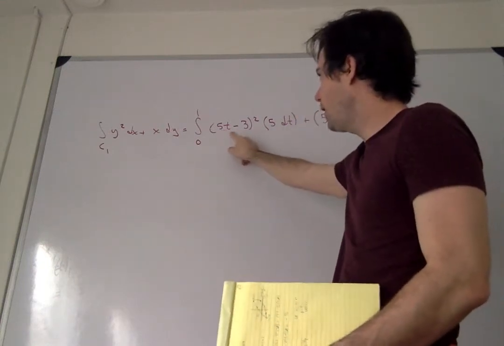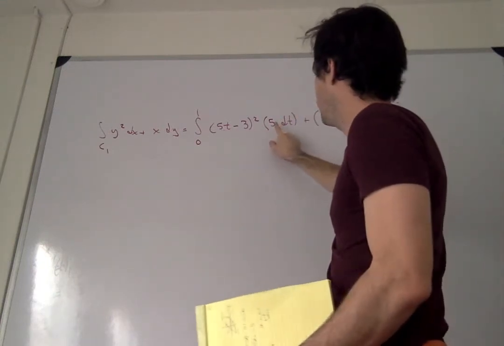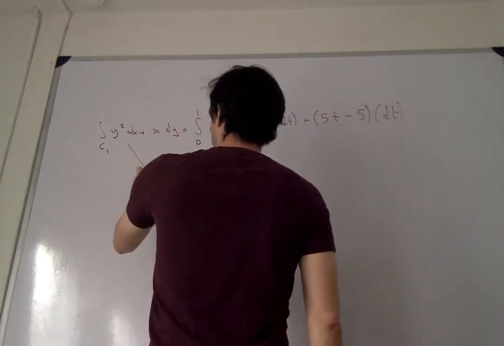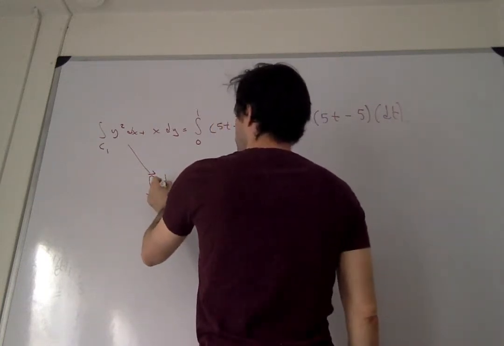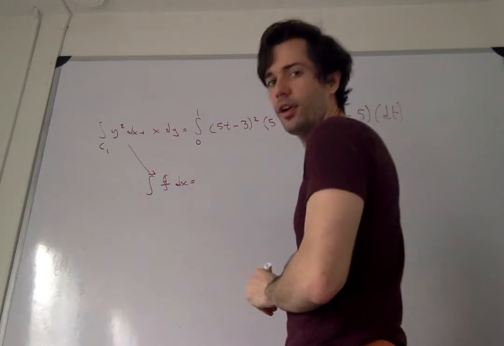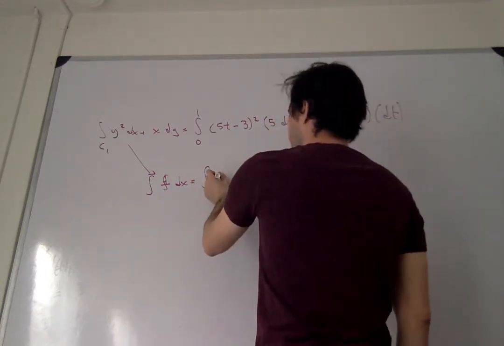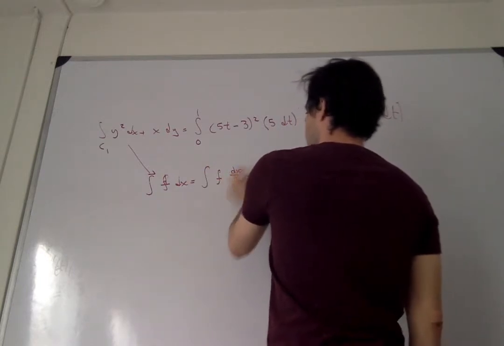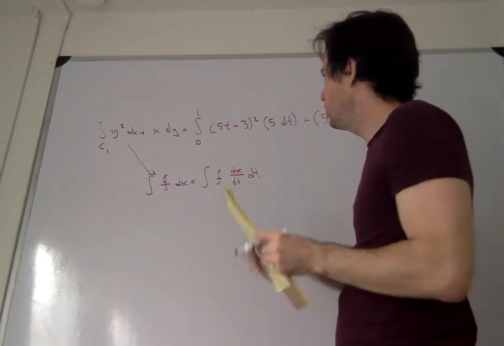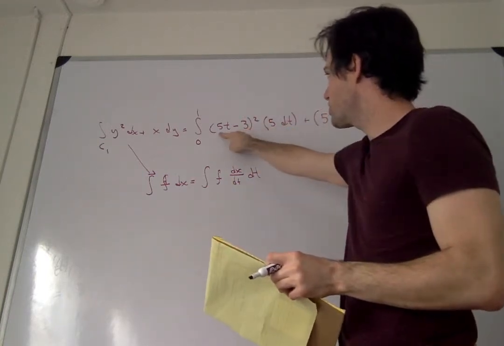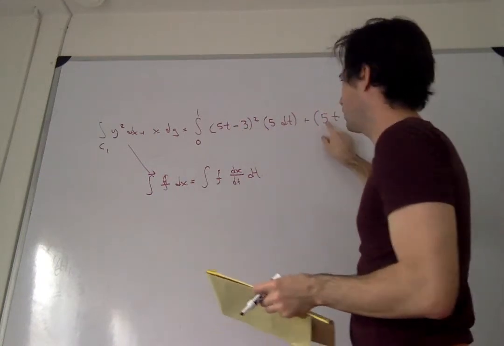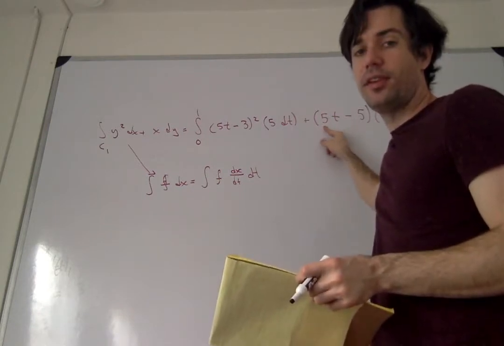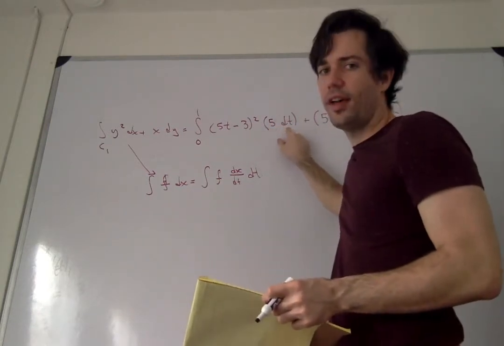Here I replaced y with its form in t. And how did I get this right here? Well, remember, when I do this sort of integral, this is going to have my function f, and then it's going to be dx/dt dt. So this 5 dt, that's just the derivative of x, which is 5t minus 5. The derivative of that with respect to t is 5, and so this is where the 5 dt comes from.